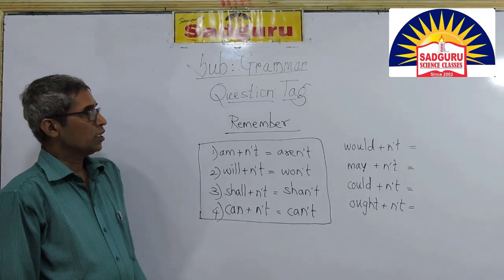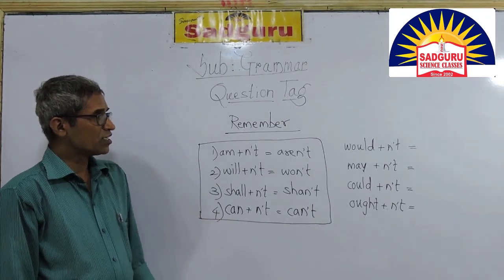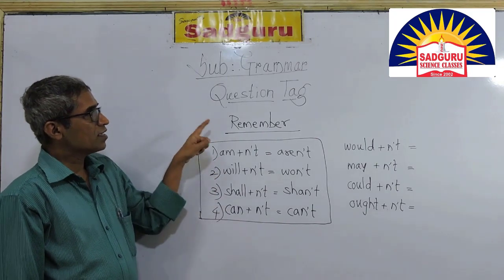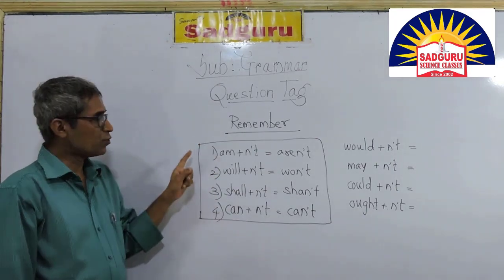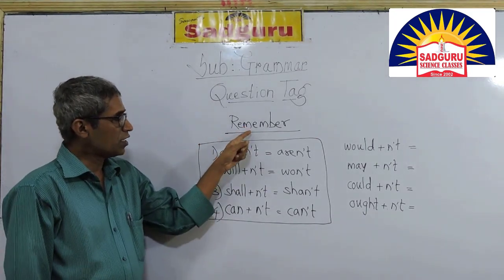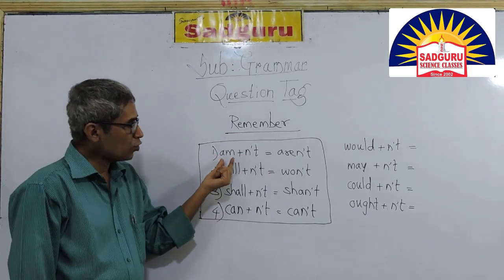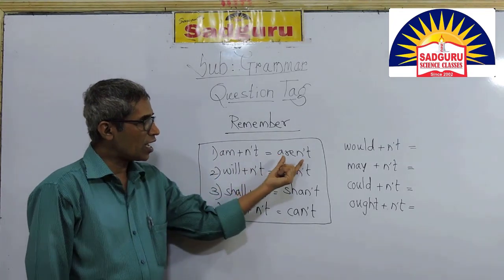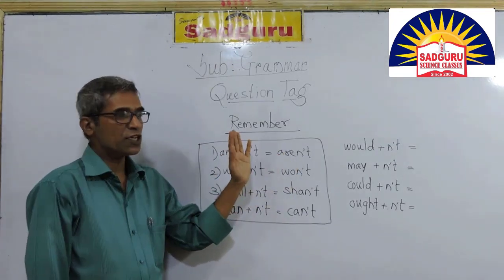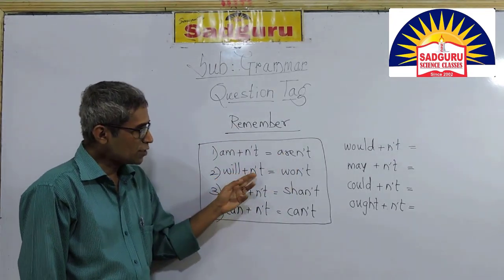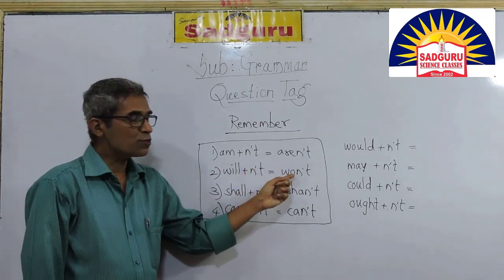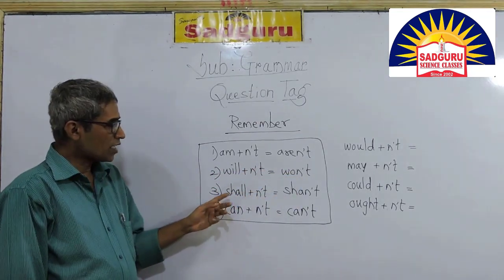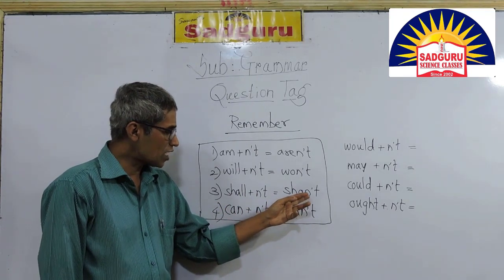Before we take more examples, please note this down. This is very important because if you don't know am and n't combine together to make aren't, then you may make a mistake. Will combines with n't and it becomes won't. Shall combines with n't and it becomes shan't.